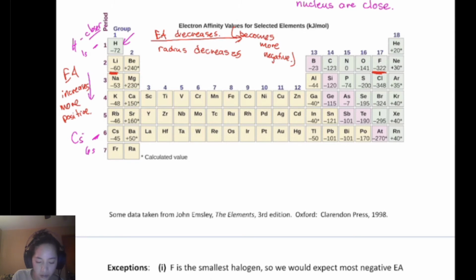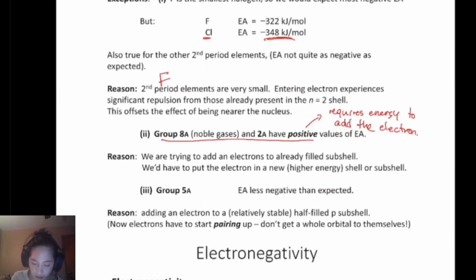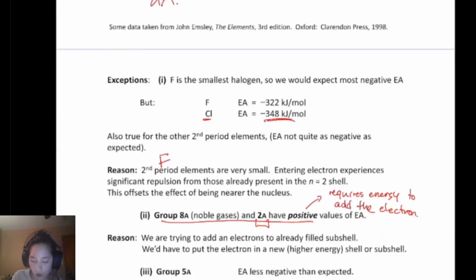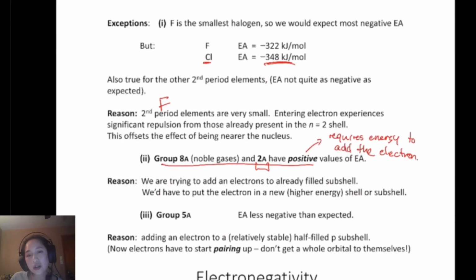And then also the other exception is group 2A, so that's the alkaline earth metals. So beryllium, magnesium, calcium also have positive electron affinity values, and that's because, again, just like the noble gases, we're trying to add an electron to an already filled subshell.